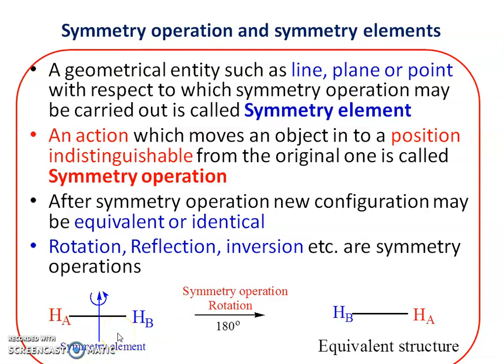That type of structure will be identical. So after the 180 degree rotation, we get an equivalent structure; the orientations of both molecules are the same. And this is which type of symmetry operation? It is rotation. And which symmetry element is involved? That is the line or axis.